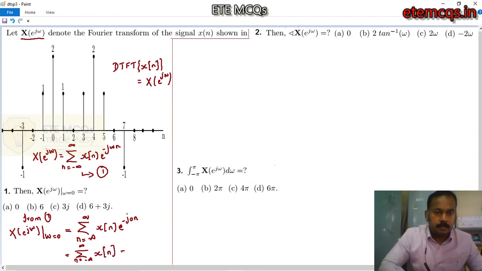So the sum of all the discrete samples, that is what I mean by summation n equal to minus infinity to infinity. x of n is nothing but the sum of all the samples you have got. You need to add all the samples between minus infinity to infinity.